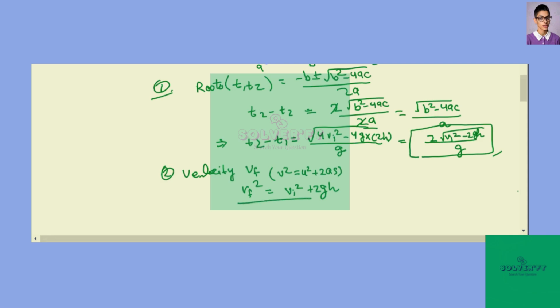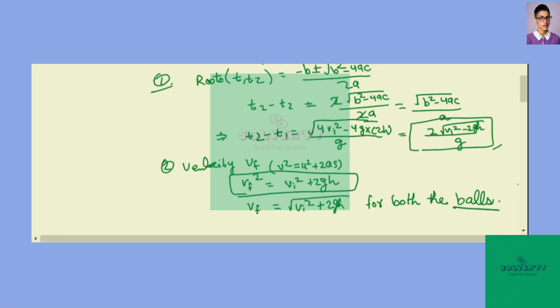So we can see that vf is independent of direction. So vf will be root over vi square plus 2gh for both the balls, since the acceleration is the same for both balls.